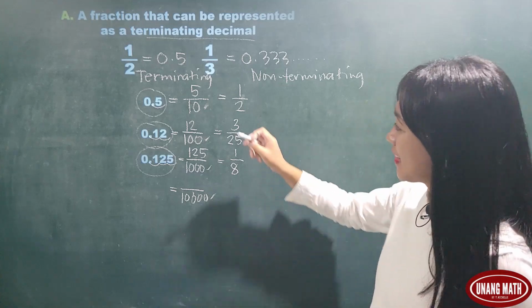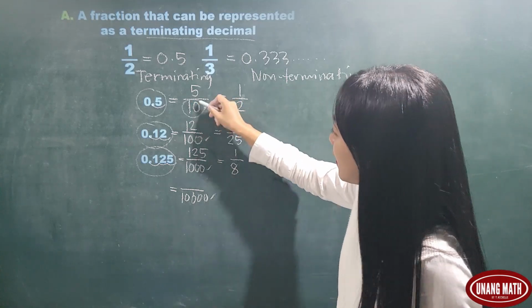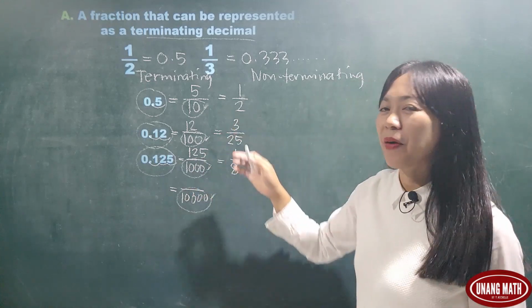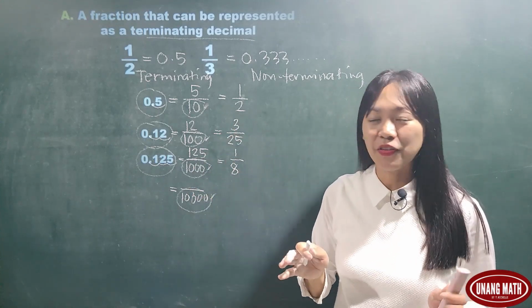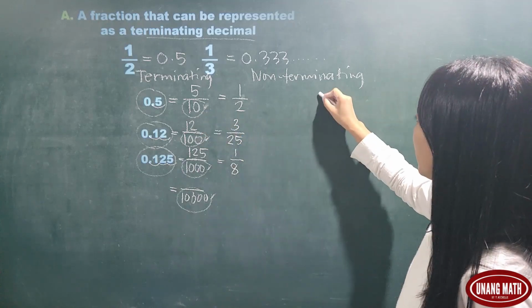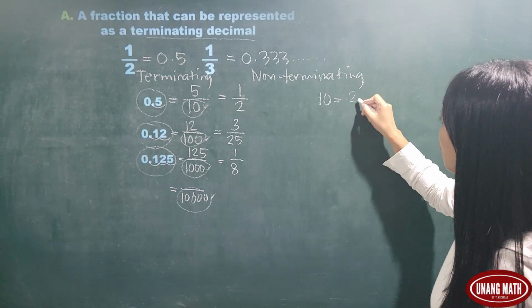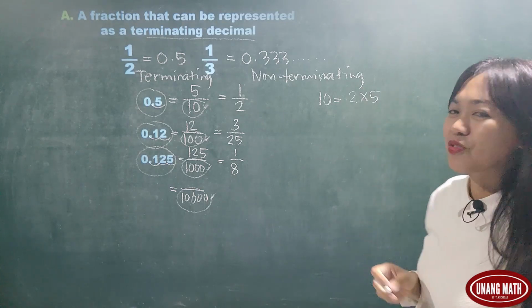Okay, now let's take a look at these denominators. Let's get their prime factorization. Okay, let's start with 10. The prime factorization of 10 is 2 times 5.